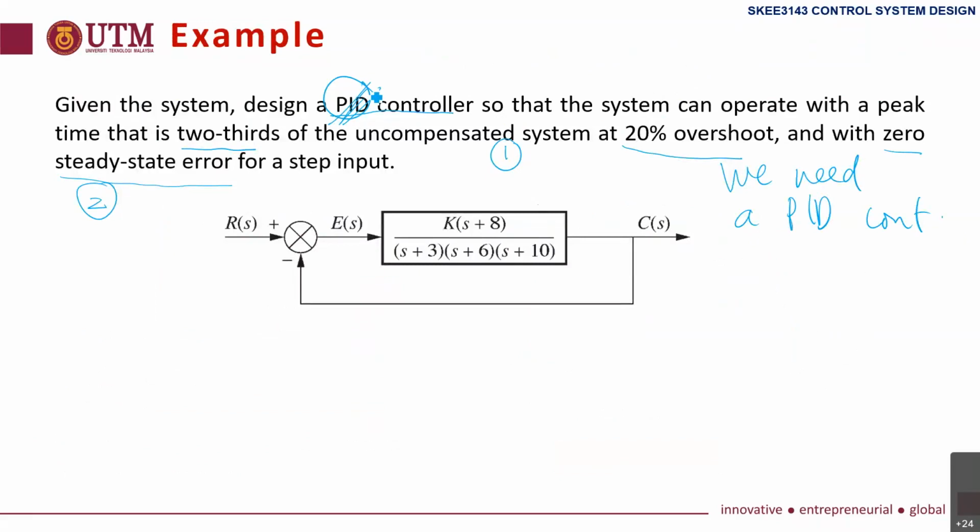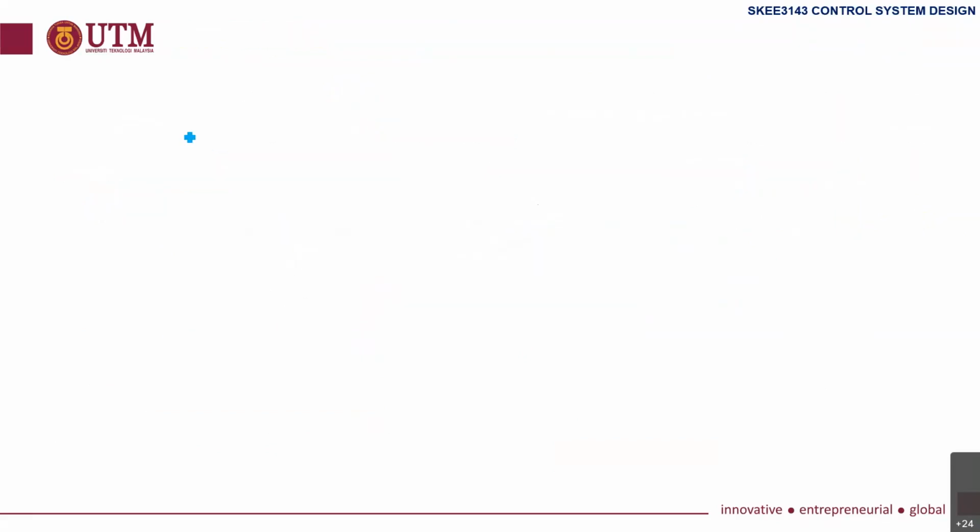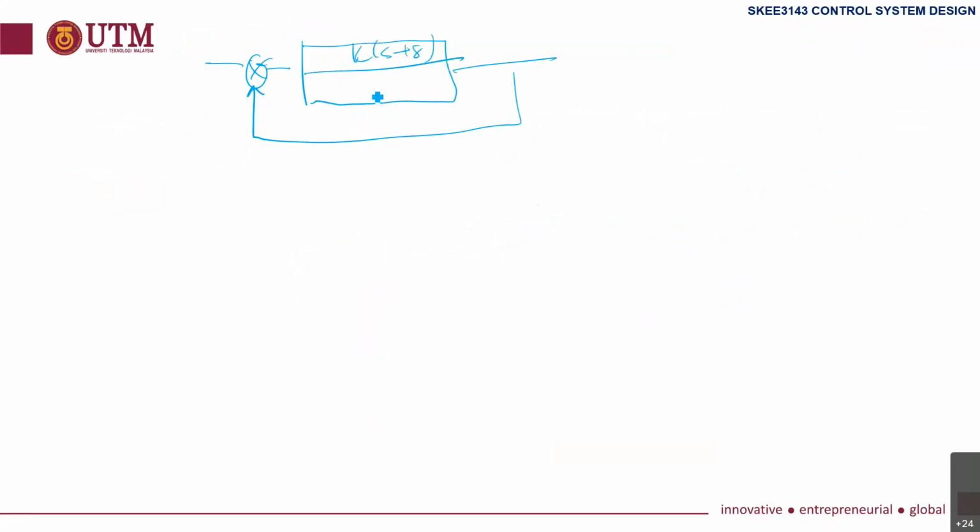Normally, for this question, the root locus will be given in the exam, so you have to know how to read the root locus. I will write the system here: S plus 8, 3, 6, 10.